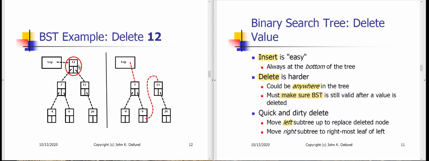Okay, so we eliminate the reference that we had to the node containing 12. We change top to refer to the node containing 7. And way down at the bottom right corner of the tree starting at 7, that's where we connect our reference to the remaining right-hand part containing all of the values that were greater than 12.